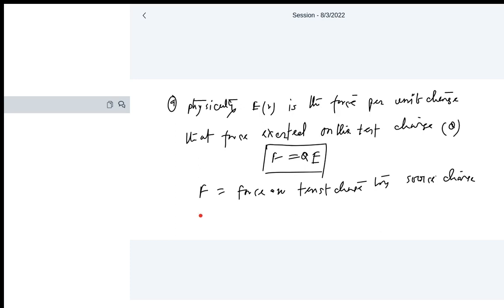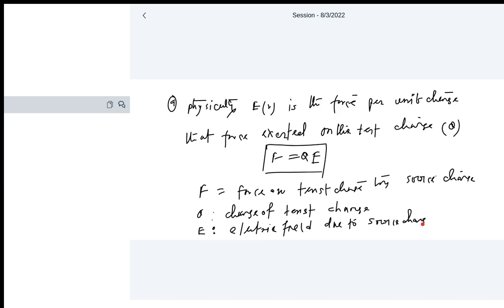Q is basically the charge of the test charge and E is the electric field due to the source charge. Clear? Okay, fine. This is the physical meaning of these expressions.